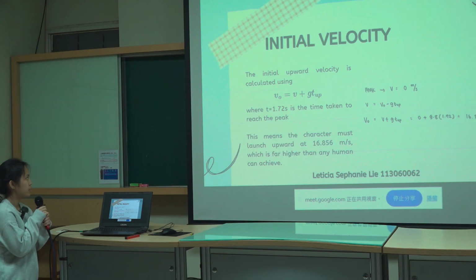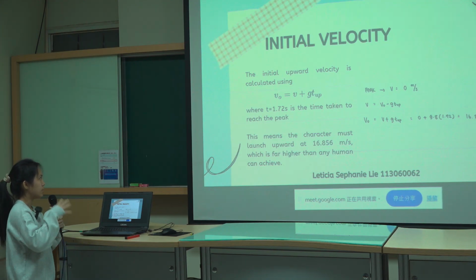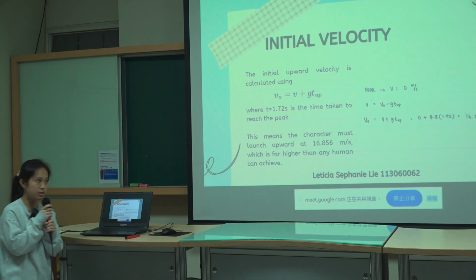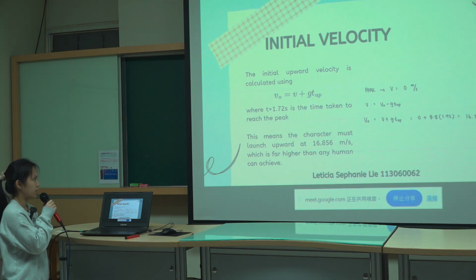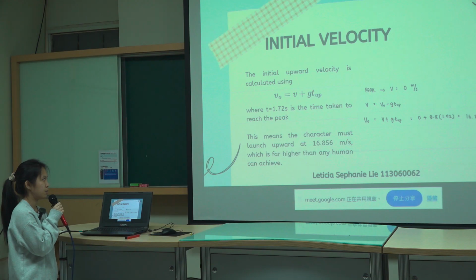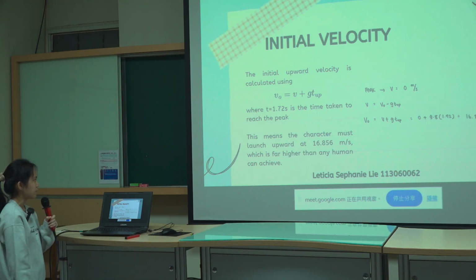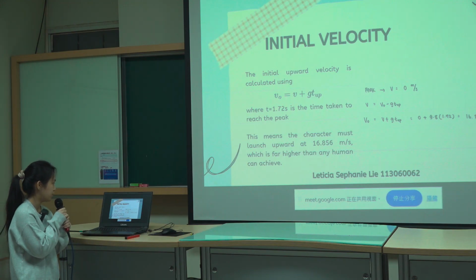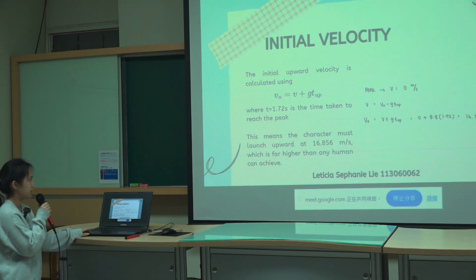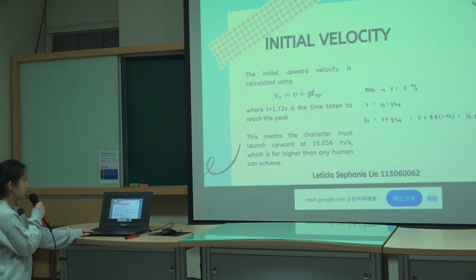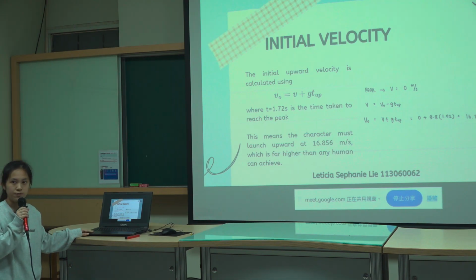So first, I'll calculate the initial velocity that he used when he jumped. It's calculated using the kinematic equations. I calculated it and got a value of 16.856 meters per second with the time of 1.72 seconds to reach the peak. This means that the character must launch upward at 16.856 meters per second, and this is far higher than any human can achieve.